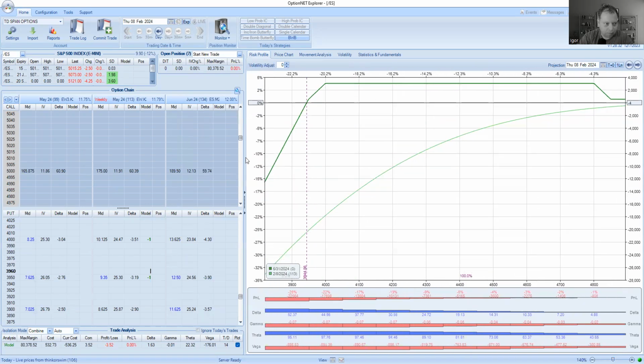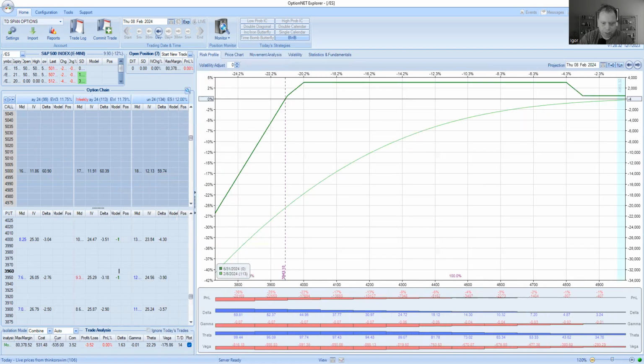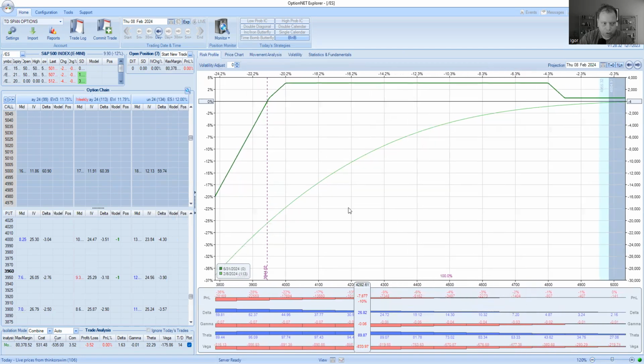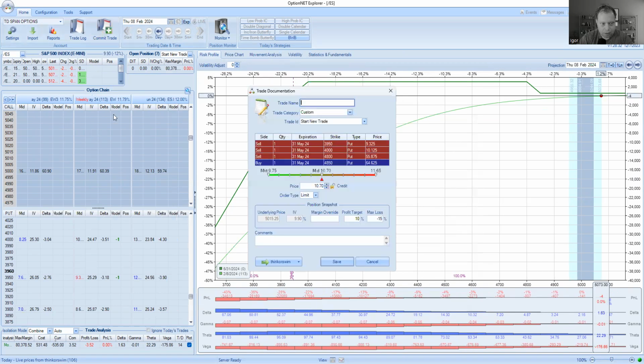So I am long a put debit spread, which is about 5% out of the money, and I am short naked puts that are, let's call this, 20% out of the money. This trade is 113 days until expiration. Right now, this trade is currently going for $10.70. I filled this trade earlier today during regular trading hours for $11 credit.